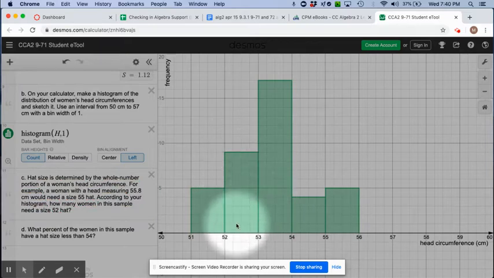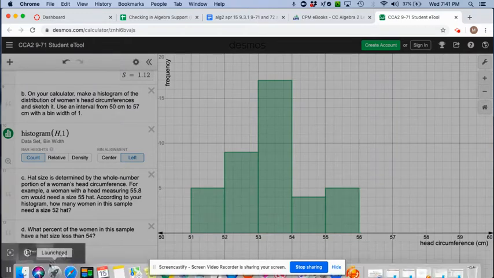So a value like 52.3 would be in this bin. And you'll notice that it goes up to the frequency of 9, which means that there were 9 women in the sample that had that hat size. So that's kind of just helping you read the histogram a little bit better.